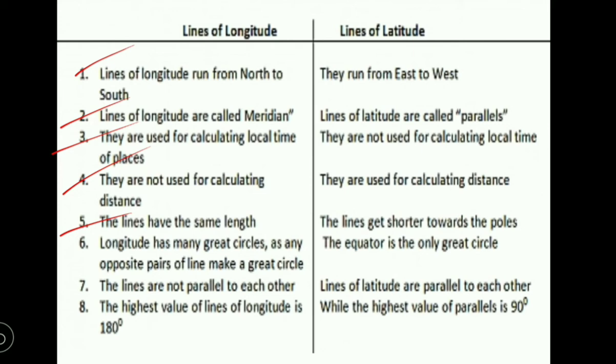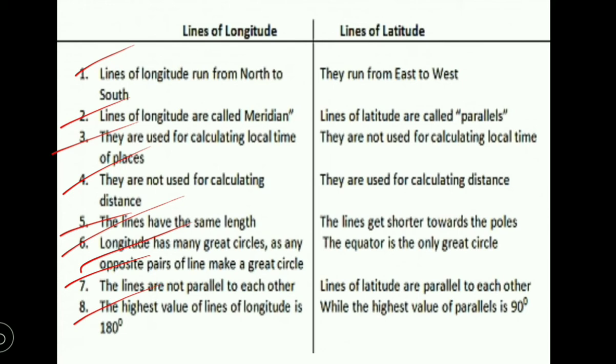Longitude has many great circles, as any opposite pair of lines makes a great circle. The lines are not parallel to each other, and they are vertical lines. The highest value of lines of longitude is 180 degrees.